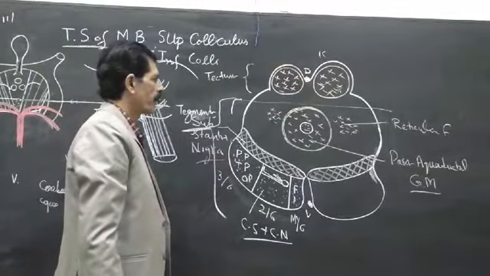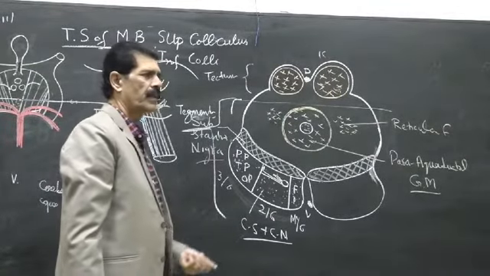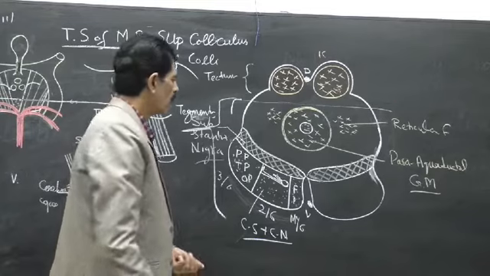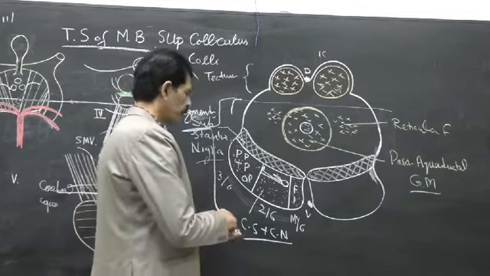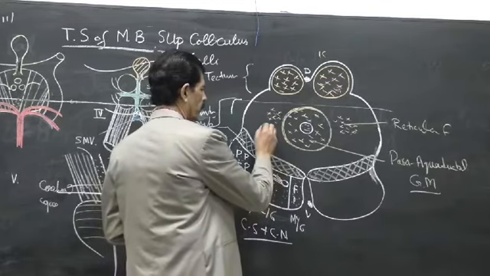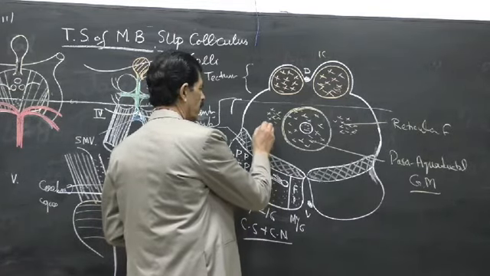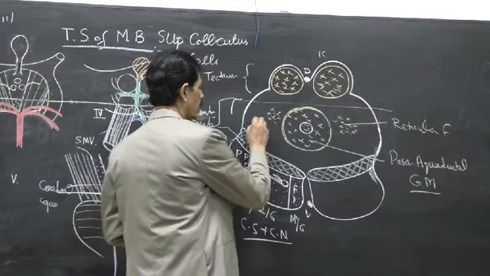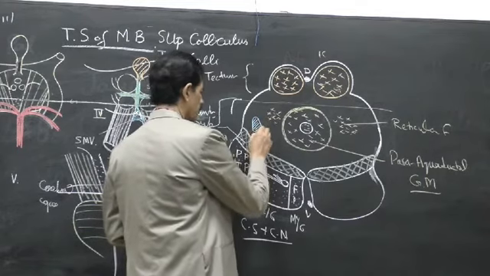Then, coming from the upper pons, we know here lie the various lemnisci. Lateralmost is the lateral lemniscus.